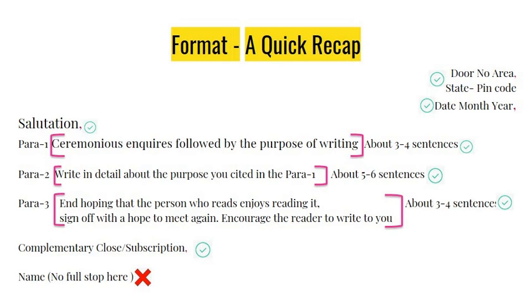Subscribe with words like yours, yours lovingly, with love, and so on. Remember, the first letter of the subscription is to be capitalized and to be ended with a comma. Write your name underneath. Remember, no full stop after the name. Now here is a sample letter for you.